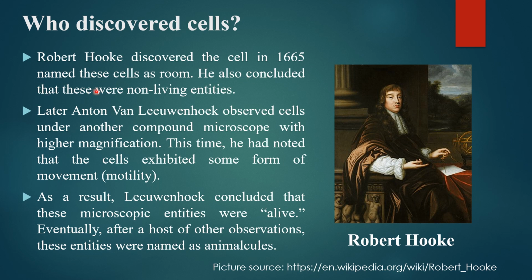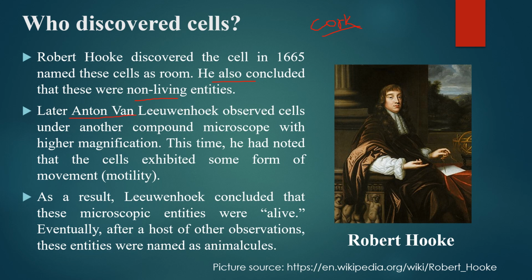He concluded that these were non-living entities because he observed the cells in cork cells. Cork cells are the bark cells, and they are generally dead. So he concluded that the cells are non-living entities.